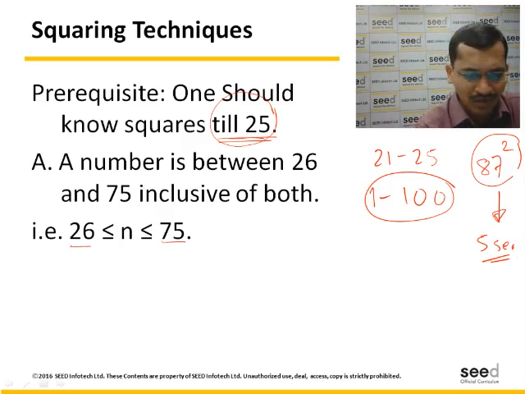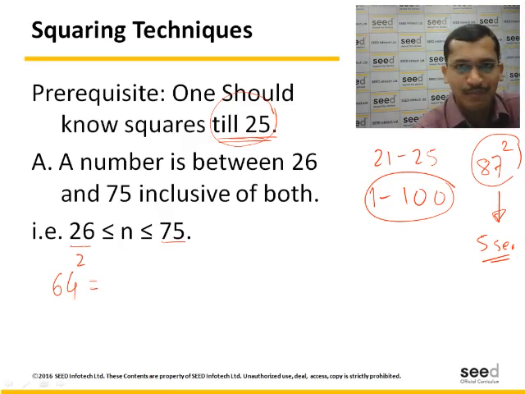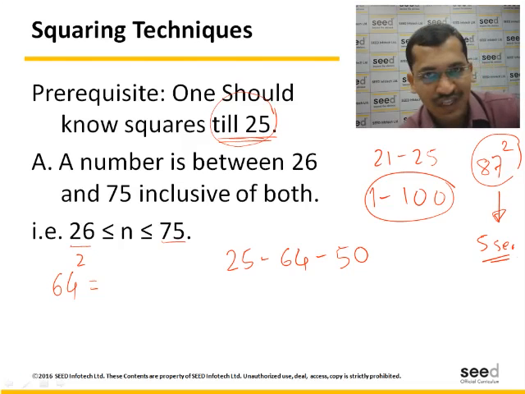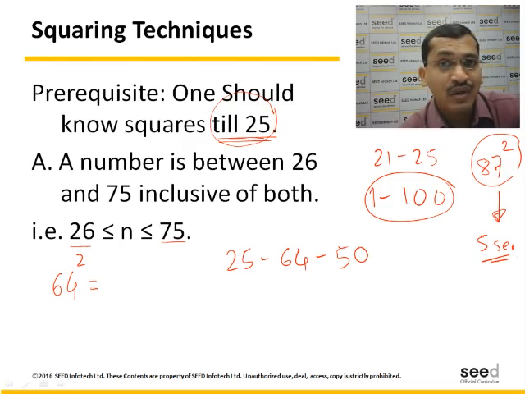Alright, so let's take a number, let's say 64. I have to calculate 64 square. How will I do it? The first step is to represent that number logically between the two numbers 25 and 50. I do understand 64 does not lie between 25 and 50, but that's not the meaning of this representation.